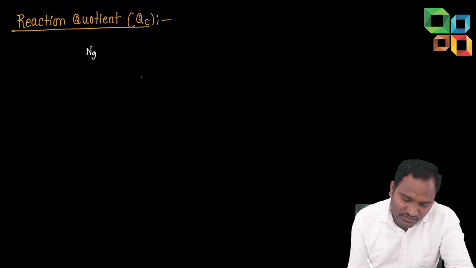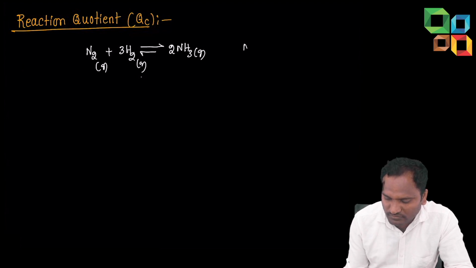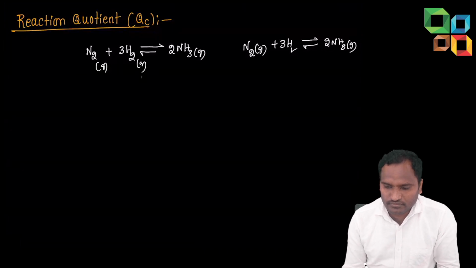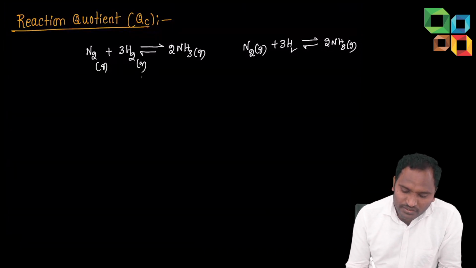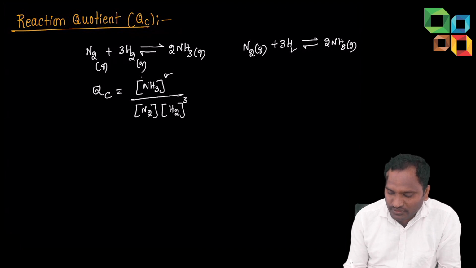I'm selecting one reaction, N2 plus 3H2. Now here I use Qc. H to power 3. Here Kc I am writing.